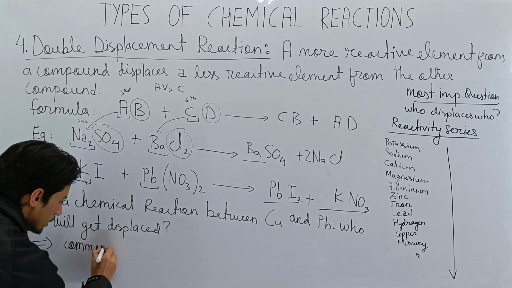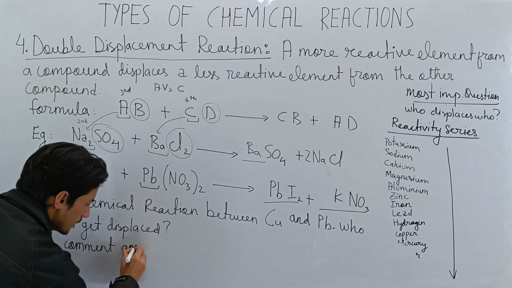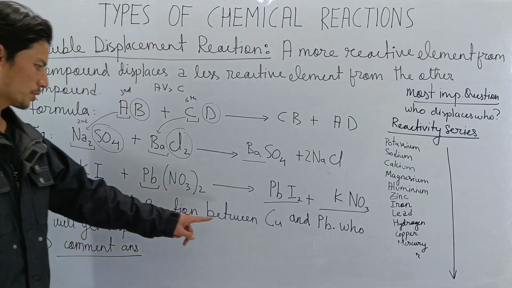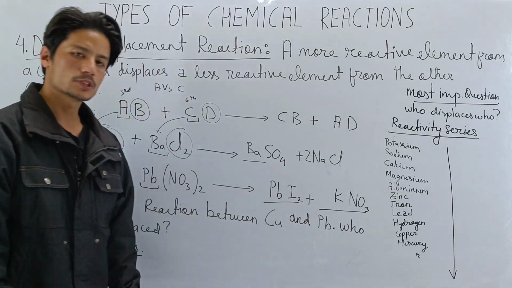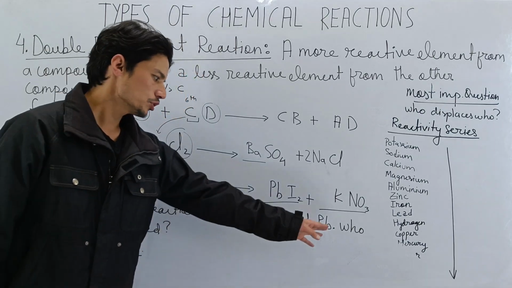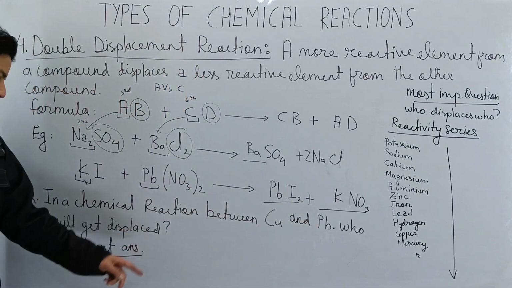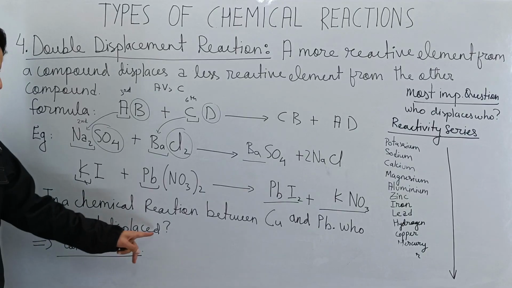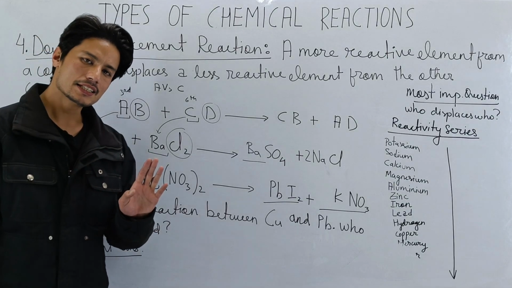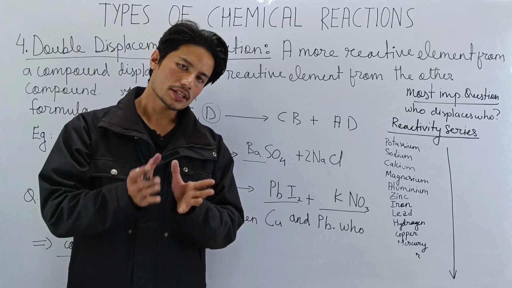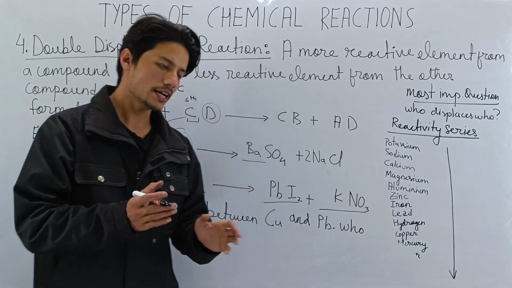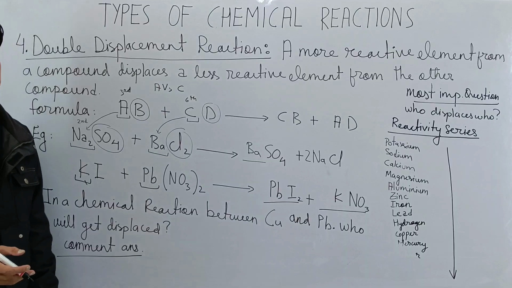These are the two elements, copper and lead, both are metals. I want you to tell me who will displace whom. I'll give you the hint: a more reactive element gets to displace a less reactive element. So kindly give your answer in the comment box.